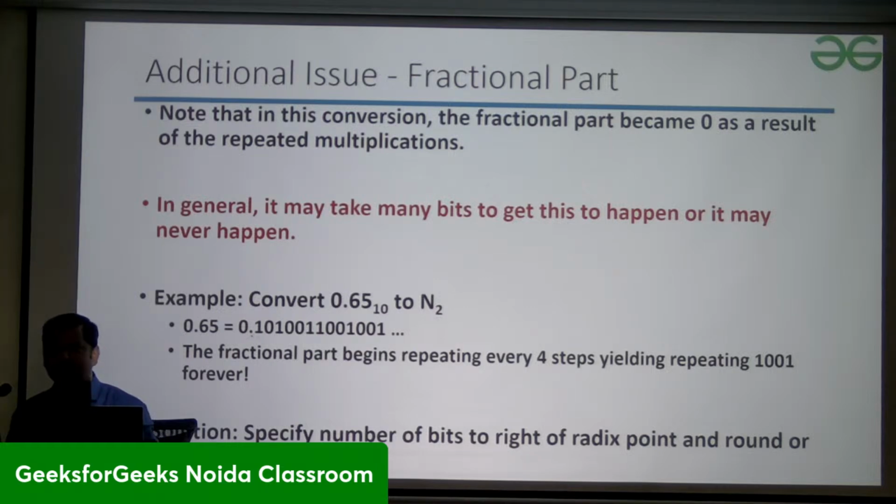Once we start converting it to binary, we need to multiply 0.65 by 2 and just record the integral part, and after a particular time you can see that the same pattern, 001, 001, 001, is a repeated occurrence every time.